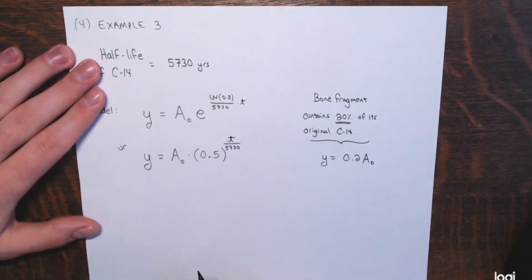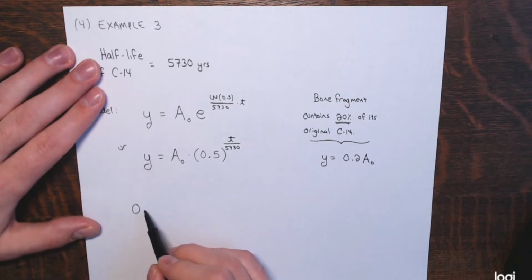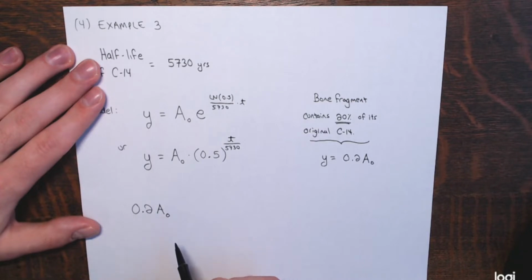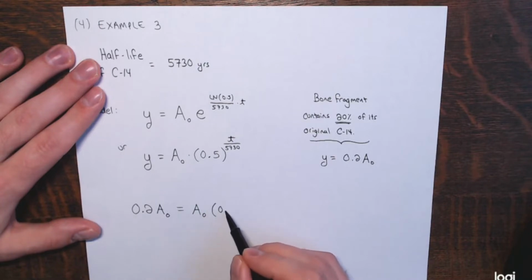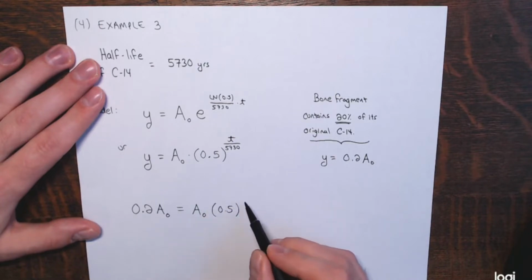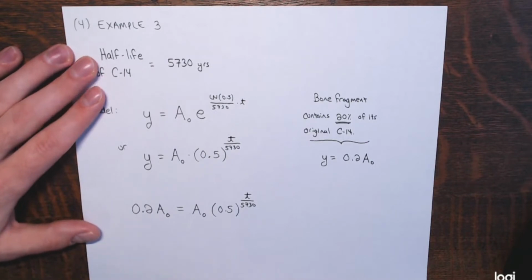So I pop that in here: 0.2 times the initial amount, which is all that's left, equals A sub 0 times 0.5 to the T over 5,730 power. And then we solve this for T, and that'll tell us how old the thing is. They asked us to round to the nearest year.